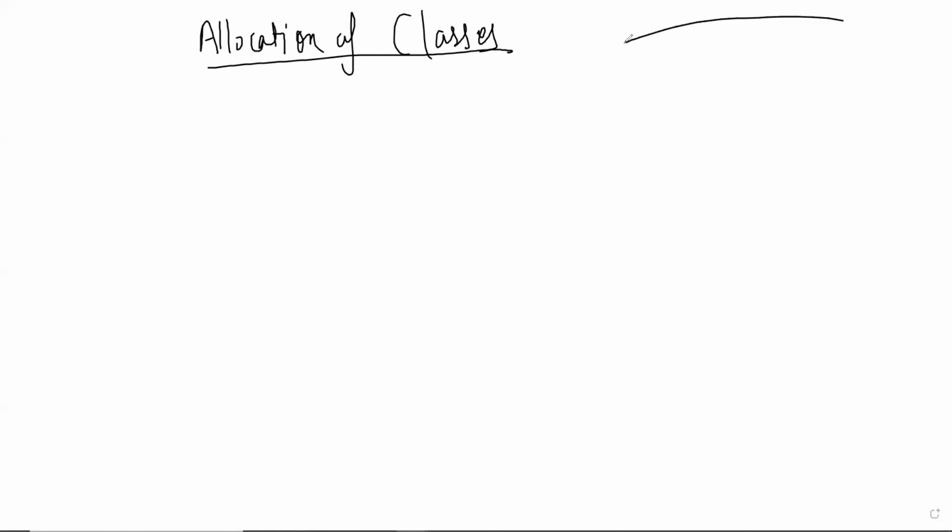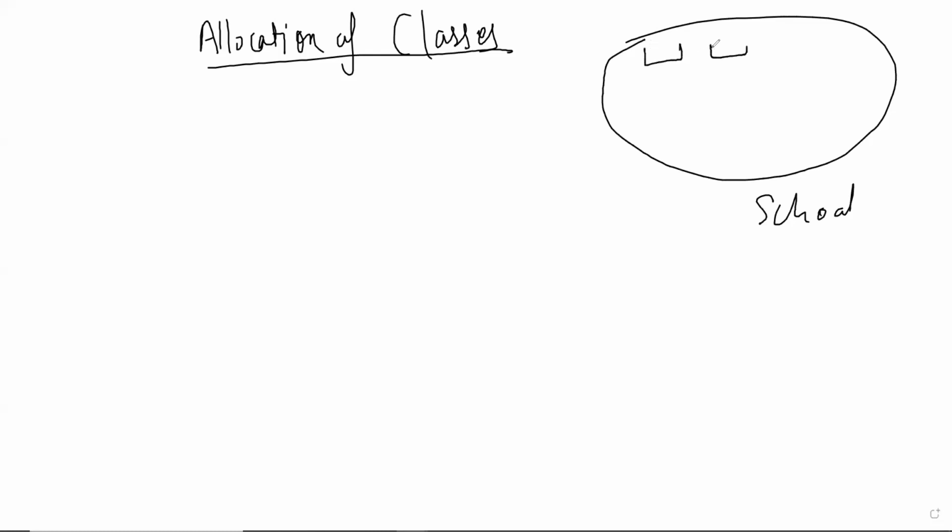Say you have a school, and you have several classrooms. Let's say you have these classrooms, 7 classrooms. So I'll write it here: classrooms.